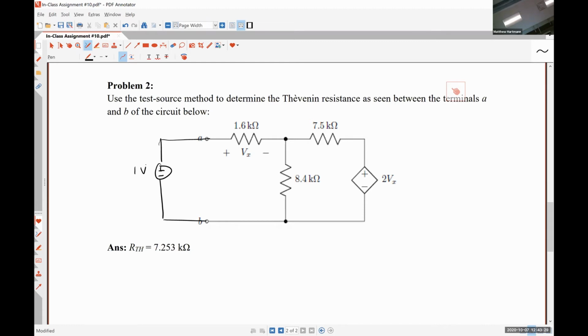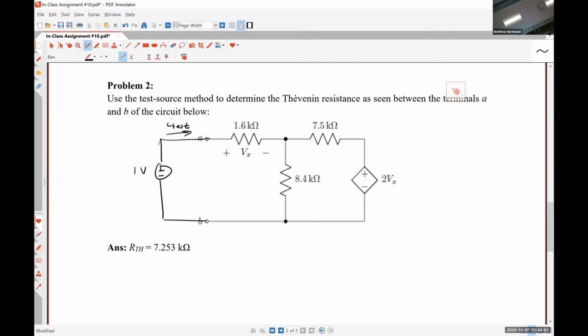All right. So now I don't know what Vx is, so I'm going to have to go through this in a slightly different way. And my goal is to find this current I test. So how would you guys suggest we do that? Mesh.